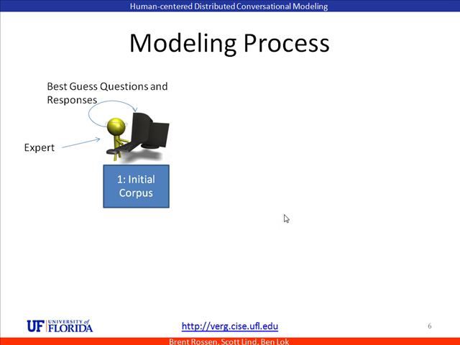So what's the modeling process for human-centered distributed conversational modeling? Well, the first thing that happens is an expert uses an online GUI and gives their best guess questions and responses. It's a very simple process for them. They ask all the questions that they expect a novice to ask, and then they answer the questions themselves.